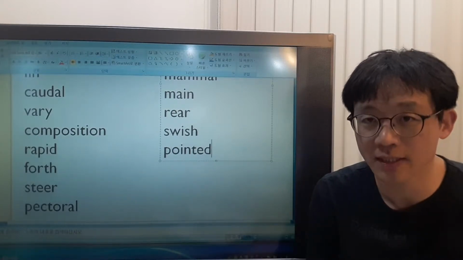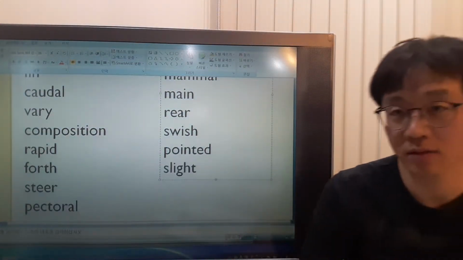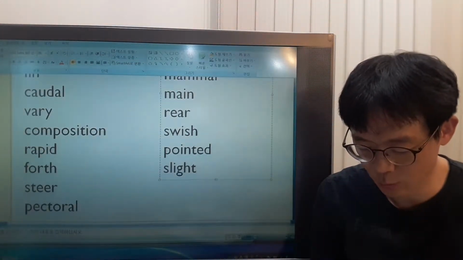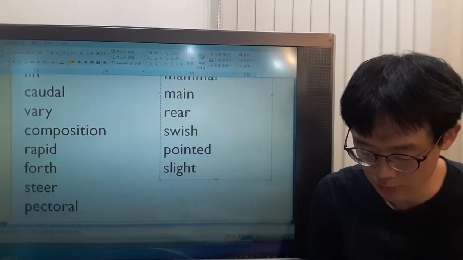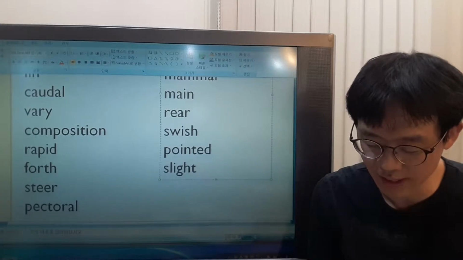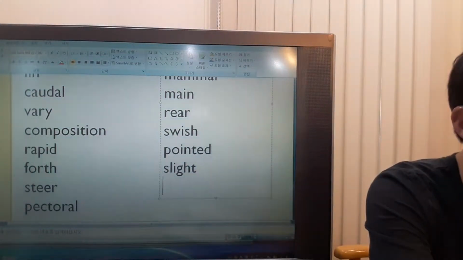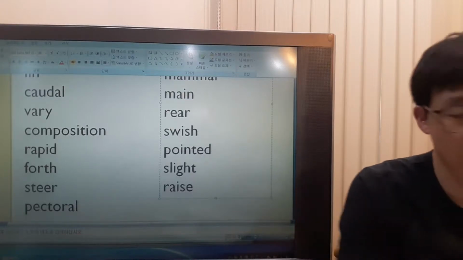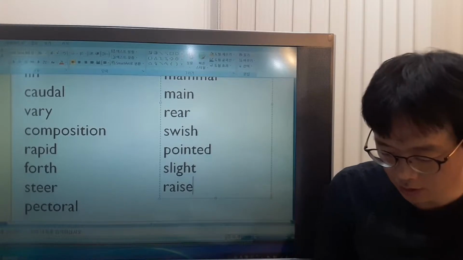What does slightly mean? Slight means a little wider than the pointed tail. Also, it has raised parts on the top and bottom that are obviously fin-like in nature. What does raised mean? Raise means to make something go up, alright?